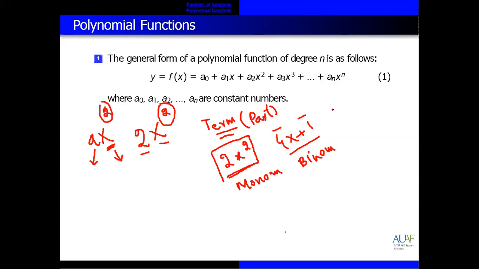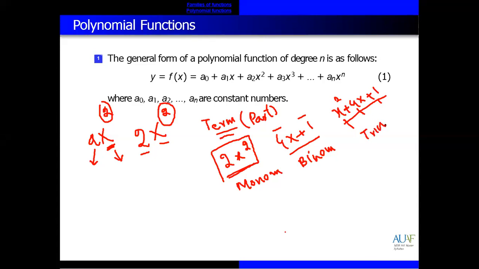Same, for three parts, for example, x square plus 4x plus 1. This is called trinomial. Tri means 3. Part number 1, part number 2, and part number 3. Any algebraic expression having three parts is called trinomial.